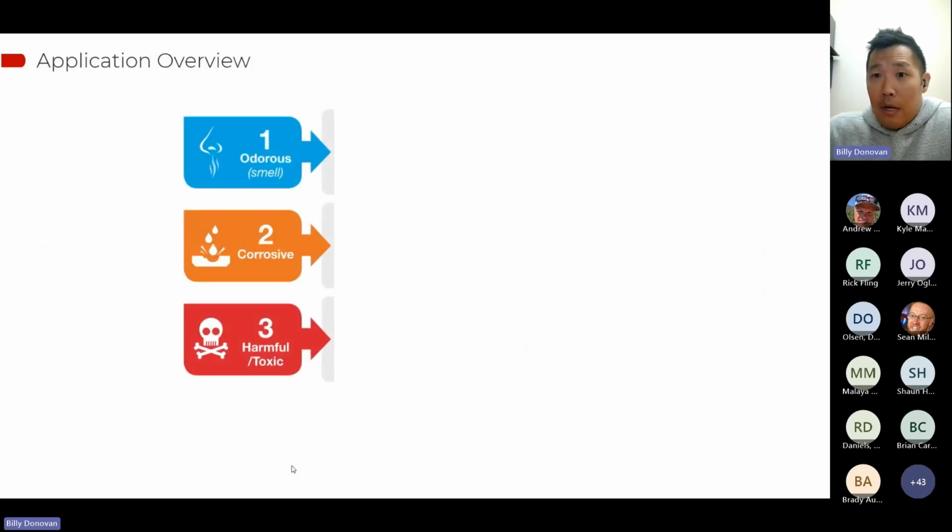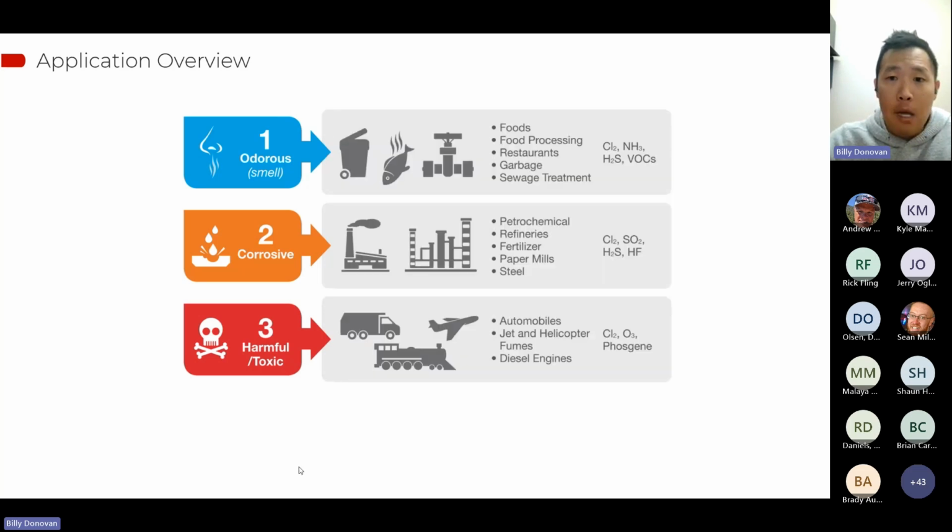Awesome. So now that we know how carbon filtration works, let's take a look at some common applications. Generally speaking, gaseous contaminants can be categorized as odorous, corrosive, harmful, or toxic. Most people think of odor control when it comes to carbon filters. So let's start there.